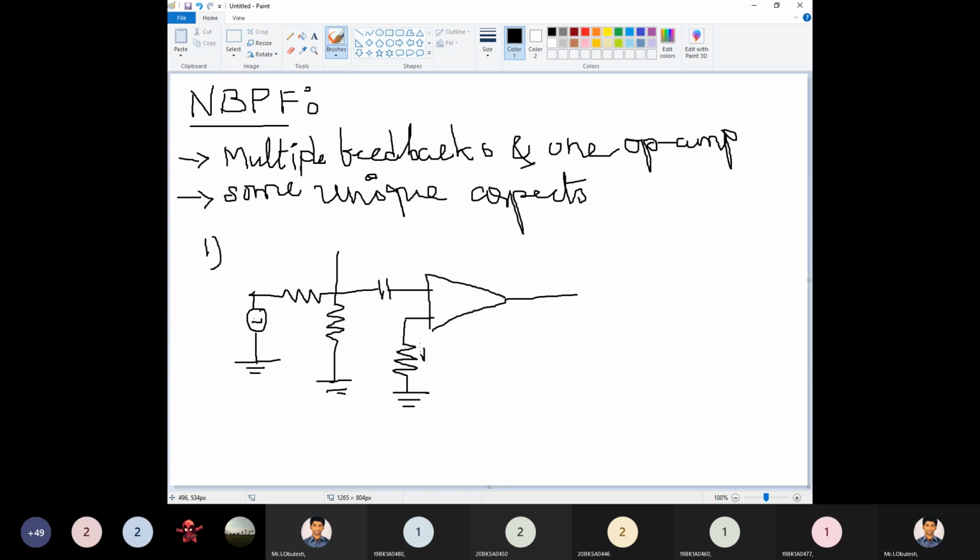This is R3, R2, R1. This is the source Vi. This is the feedback. Now the feedback resistor.